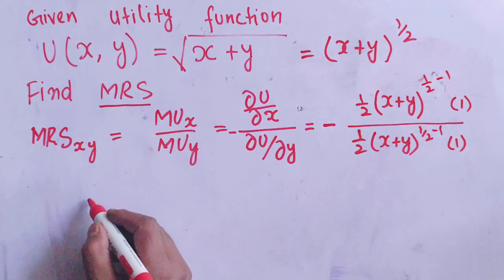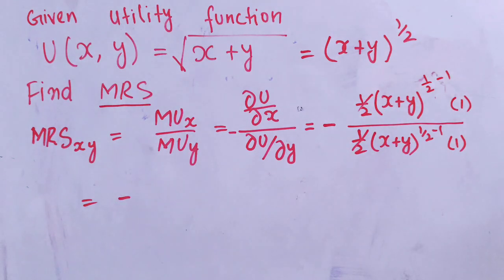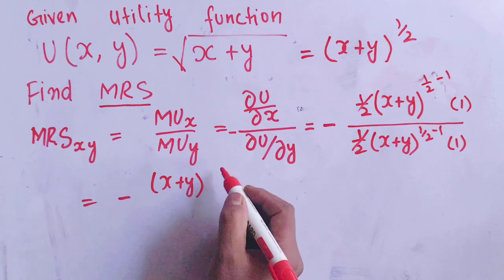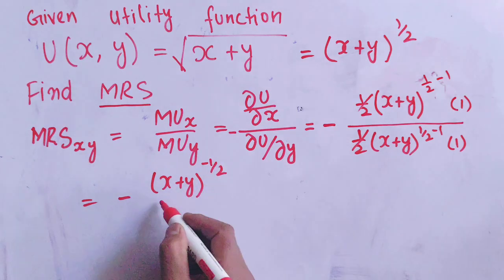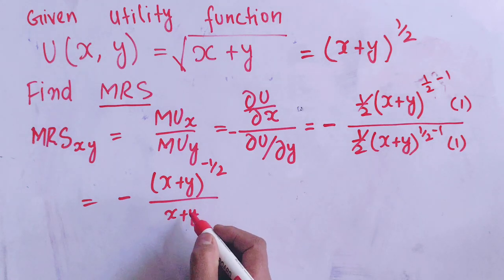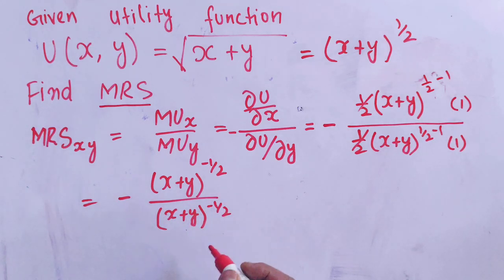So we will get 1 upon 2, and the 1 upon 2 gets cancelled. We have minus here. We get (x plus y) raised to the power minus 1 upon 2 divided by (x plus y) raised to the power minus 1 upon 2.